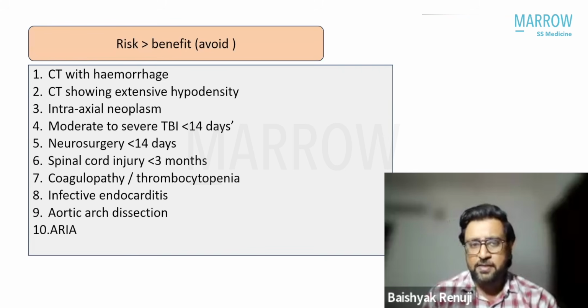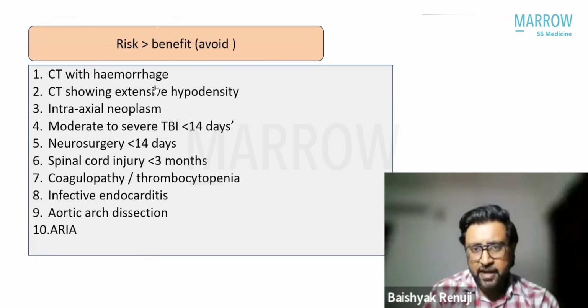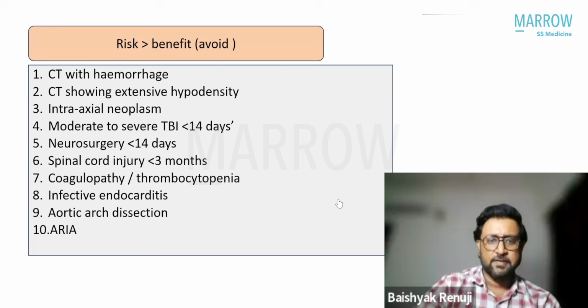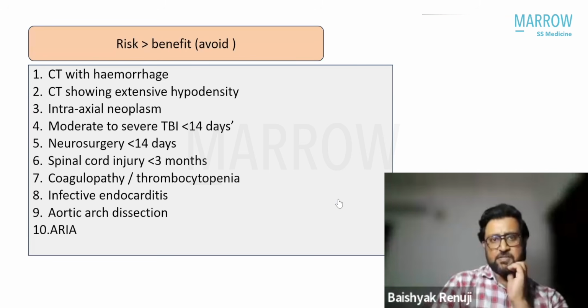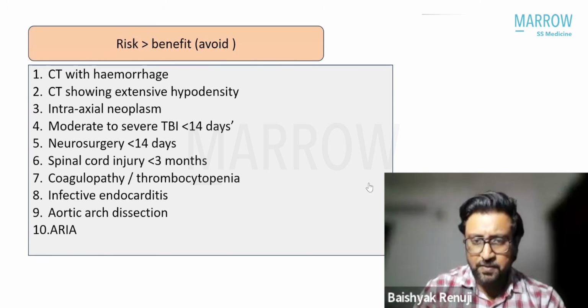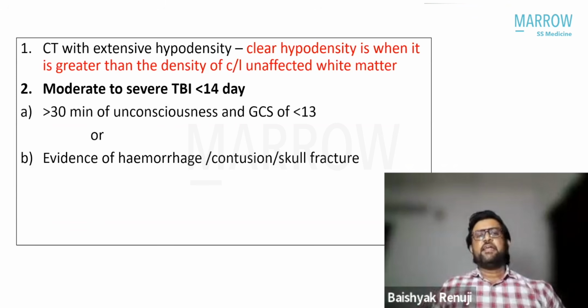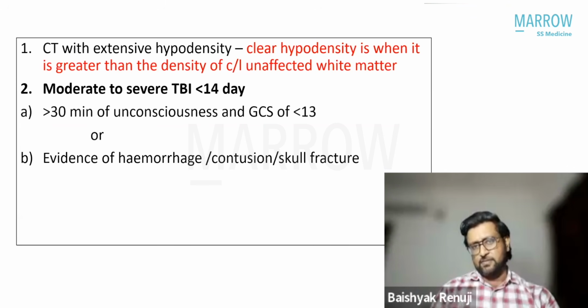These are the absolute contraindications right now. In general management, you can watch the videos we have on YouTube. Grading of moderate, I'm going to discuss that. So that is the basic risk more than benefit. Again, CT with extensive hypodensity, in the new guidelines they are clearly telling what this is.